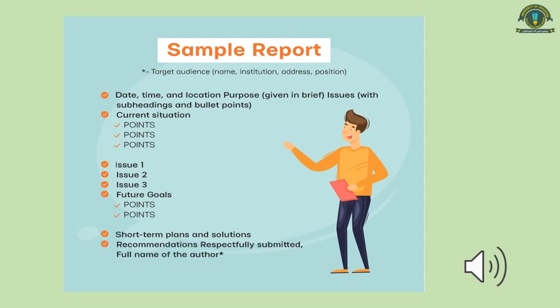After that, whatever issues are prevailing or related to that problem, you have to mention, or you have to unveil all those issues. Then after interpreting all this information, you have to give your future goals, that is, what will be the outcome of all this information or all this research or of this report.